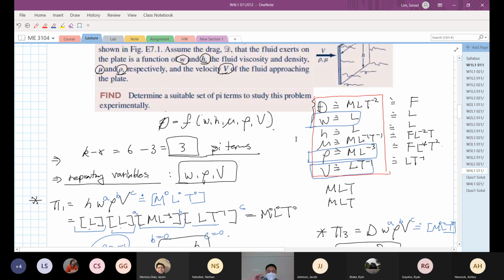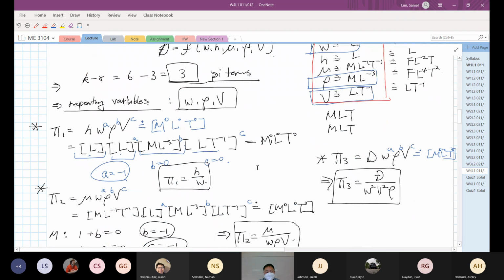Then if you have a pair of pi terms or probably 3 pi terms in the answer, and you run out of time to manipulate them into something like a Reynolds number, I don't think it's a big deal as long as you have the right set of pi terms at the end.